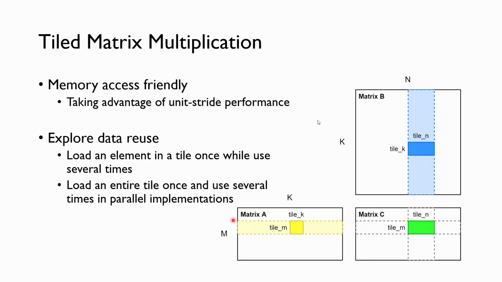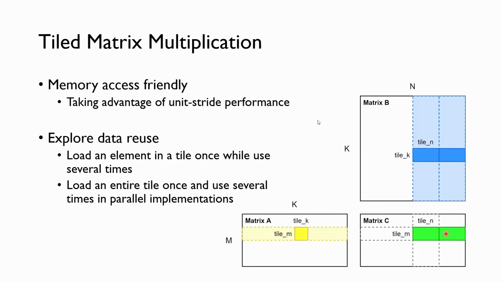It also explores tile reuse, especially when we compute 2 tile slices simultaneously. We load tile A once, and it will be used twice, multiplied with 2 B tiles. So in a nutshell, our matrix extension provides a portable and direct support for tiled matrix multiplication.